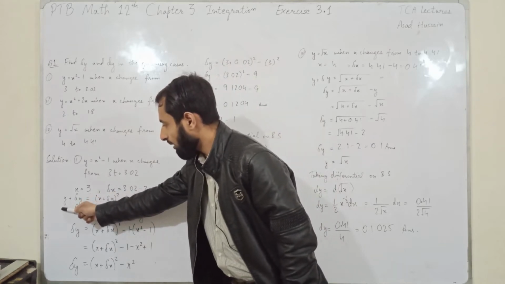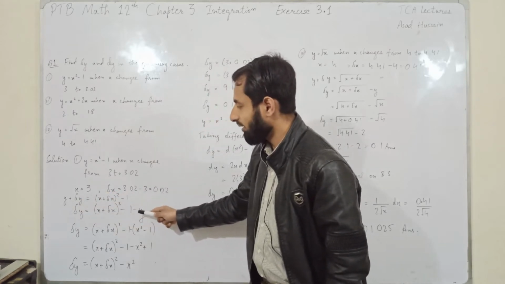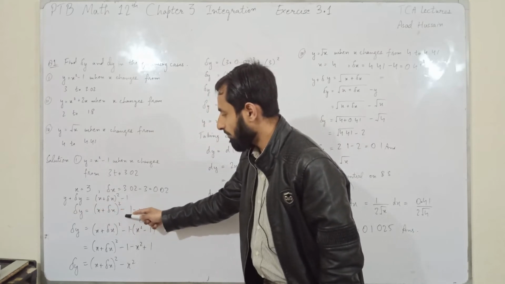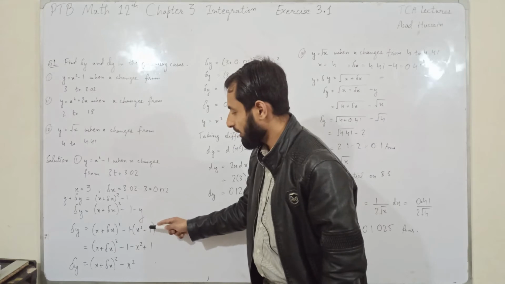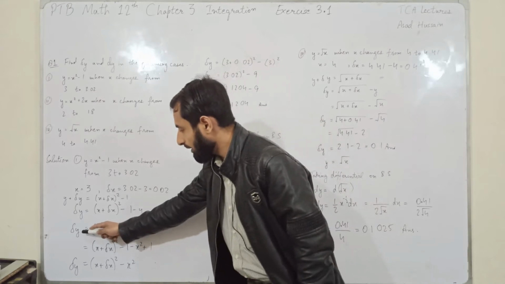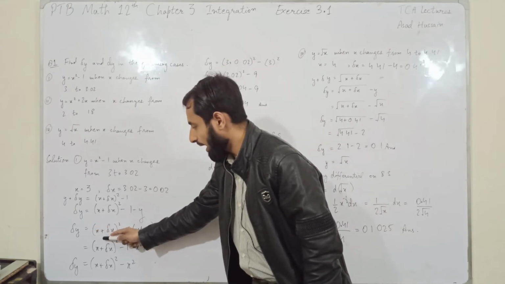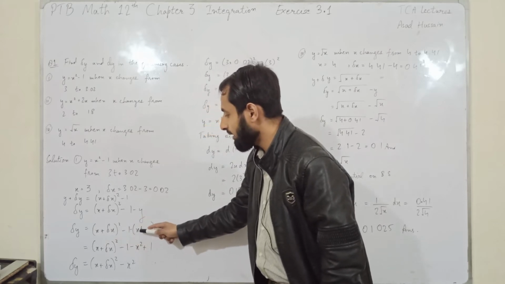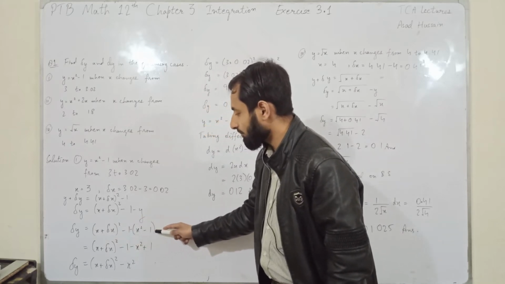Moving y to the other side, delta y is equal to (x plus delta x) square minus 1 minus y. Putting the value of y, we get delta y is equal to (x plus delta x) whole square minus 1 minus (x square minus 1).